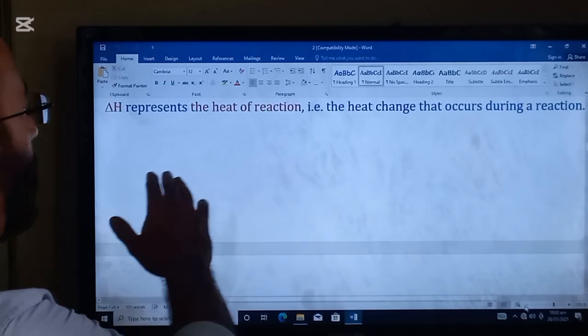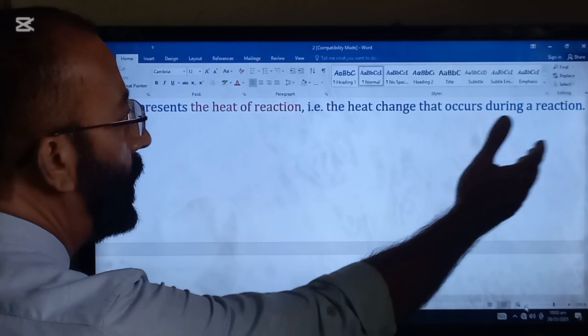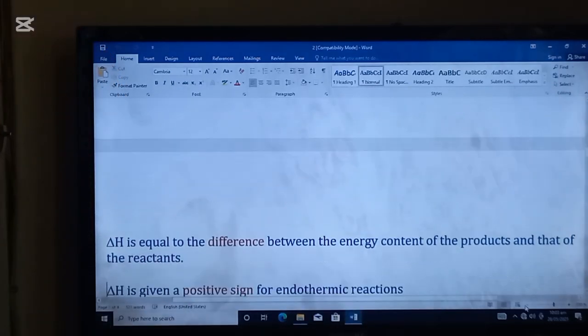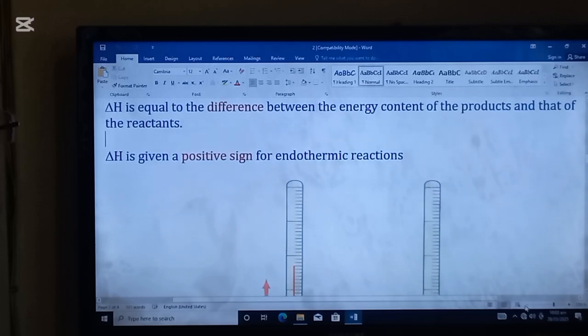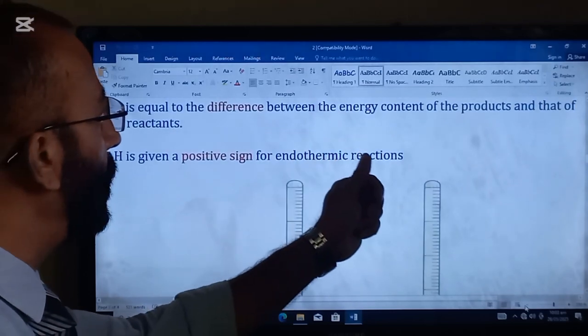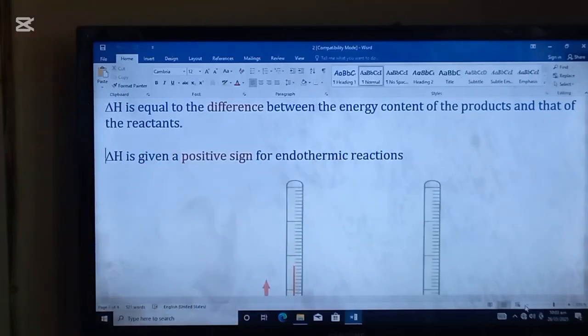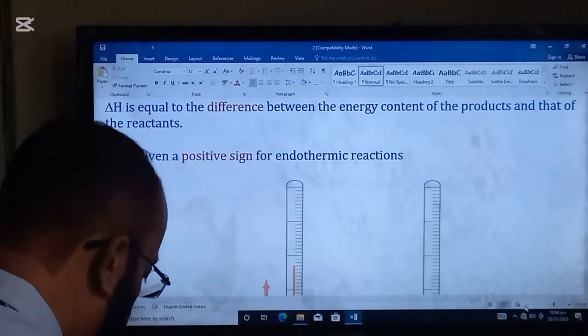Delta H represents the heat of the reaction, that is the heat change that occurs during a reaction. Delta H is equal to the difference between the energy content of the products and that of the reactants. Delta H is given a positive sign for endothermic reactions.